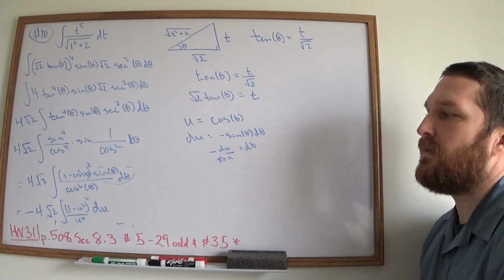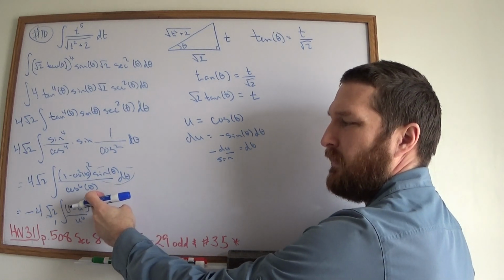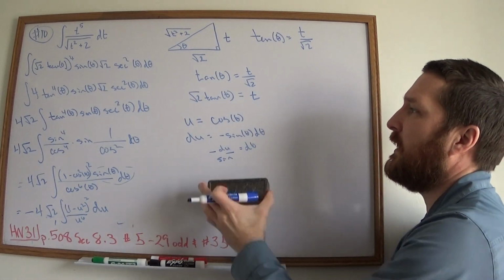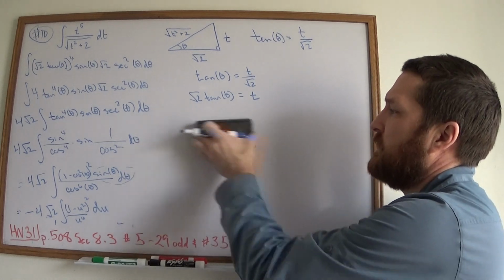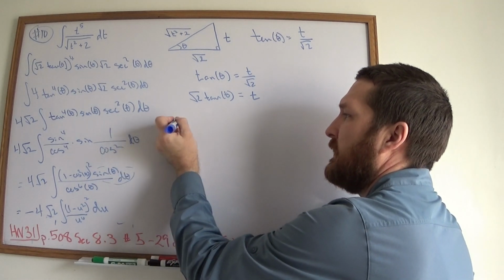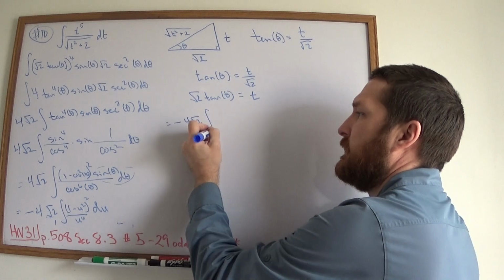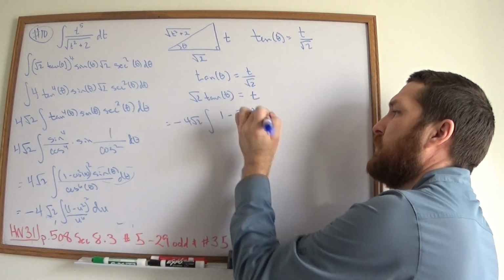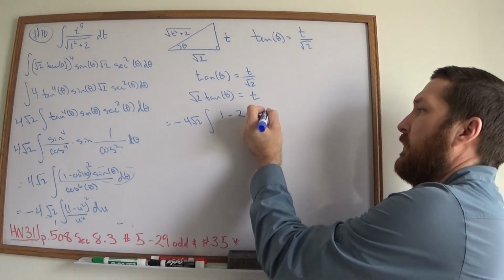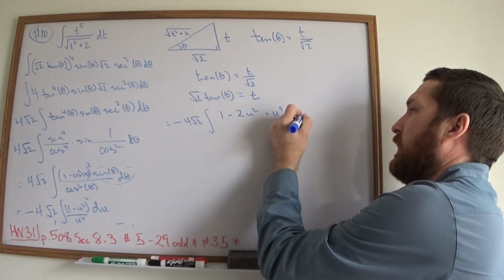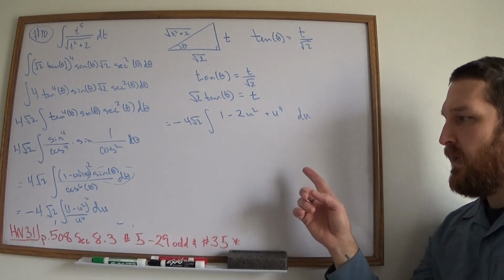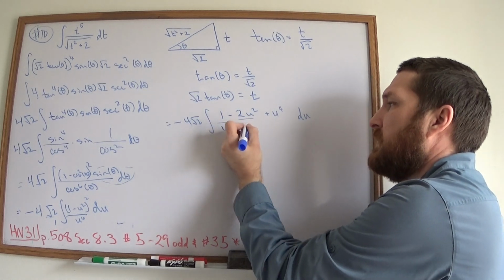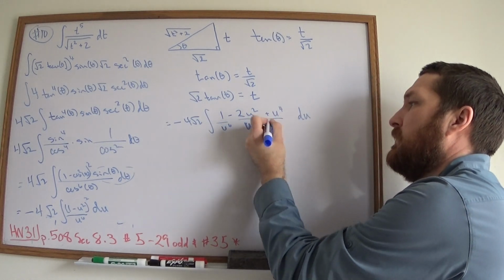Since that's just squared, I think it's going to be easiest to multiply it out. It's the same thing as negative 4 root 2, and squaring out the top gives us 1 minus 2u squared plus u to the 4th, with a du floating around, all over u to the 6th. I could rewrite that as over u to the 6th for each term.